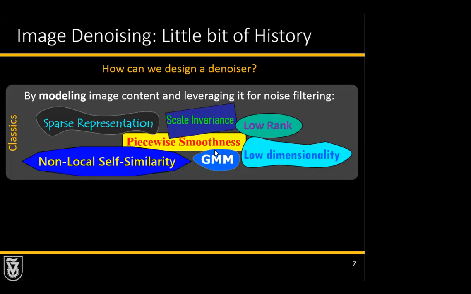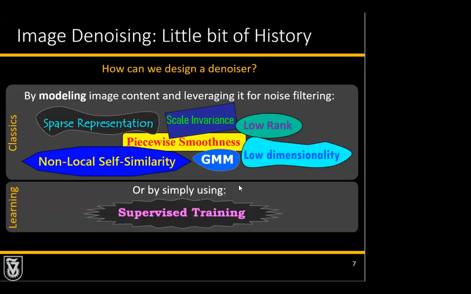That was how denoisers were designed. But in the last decade or so, the state-of-the-art denoising is dominated by deep learning, by supervised training of neural networks. So we just take a lot of data, we train a neural network, and that's how we get a denoiser. This has been the state-of-the-art for about a decade.